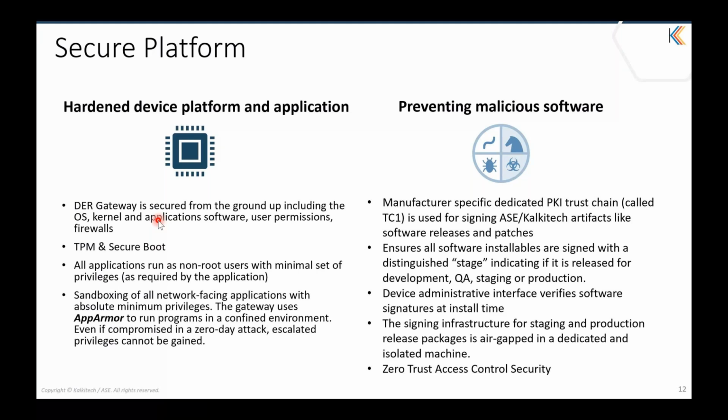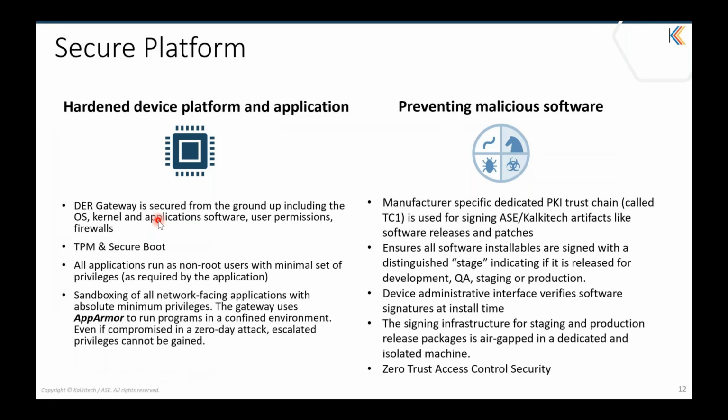There's also application profiling using AppArmor, which enables a profile for the applications running inside the gateway, in the sense that it can configure what user level permissions or file level permissions need to be made available for each application, and only those permitted resources can be used by the applications which are getting loaded into the gateways.